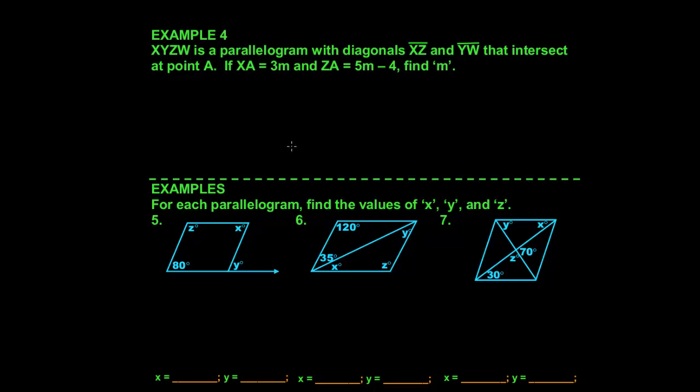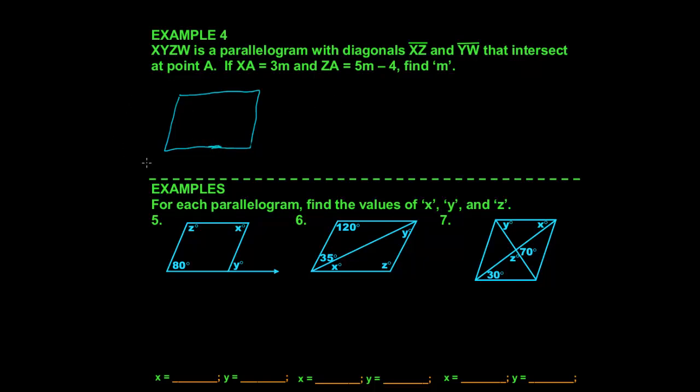We have here example 4, which says XYZW is a parallelogram with diagonals of XZ and YW. They intersect at point A. So, I'm going to go ahead and draw. Alright, so there's an attempt at a parallelogram.